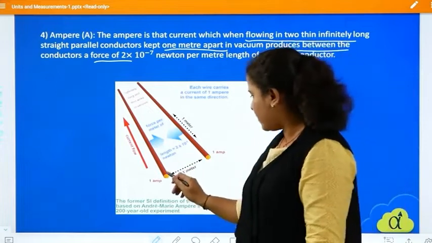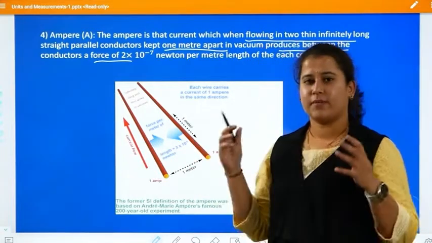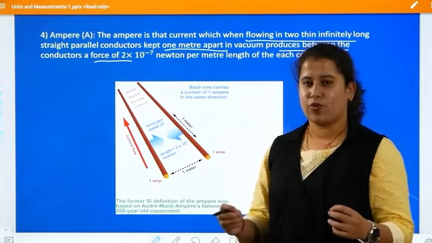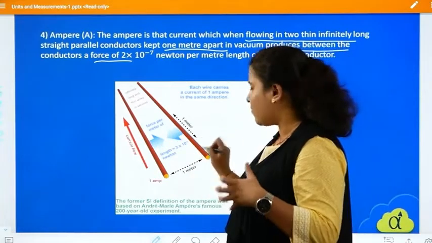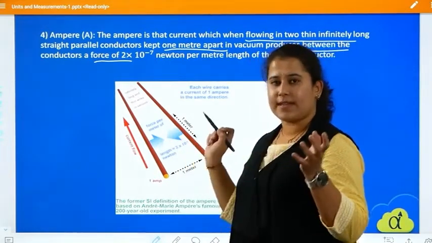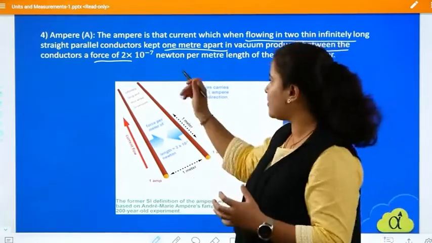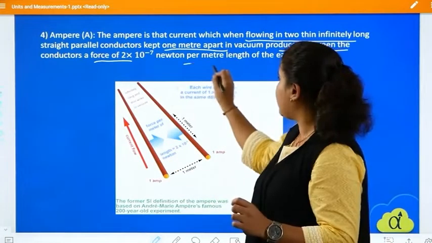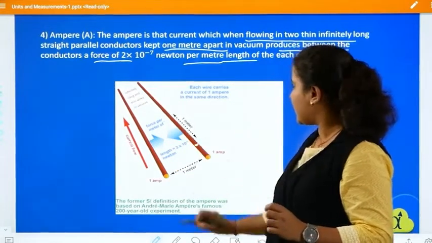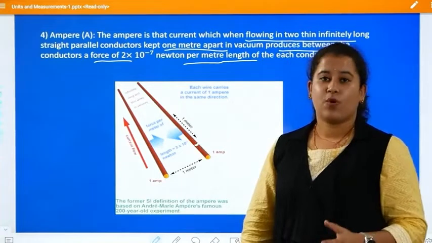Whenever the current flows through these parallel conductors, the conductors exert a force of 2 into 10 raised to minus 7 Newton per meter length. So for per meter length, 2 into 10 raised to minus 7 was the force.